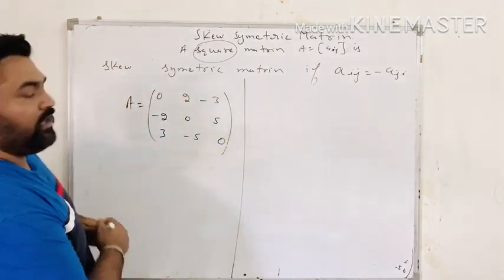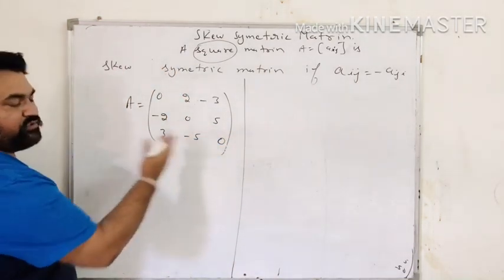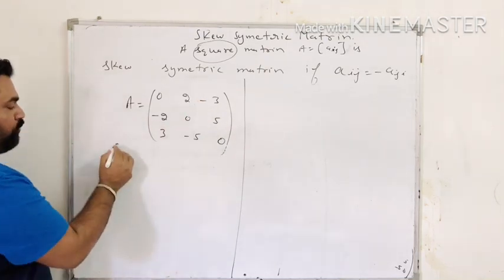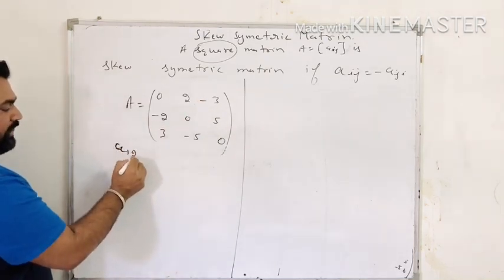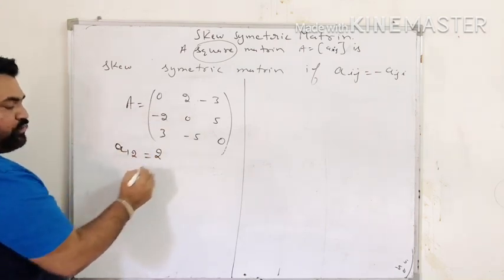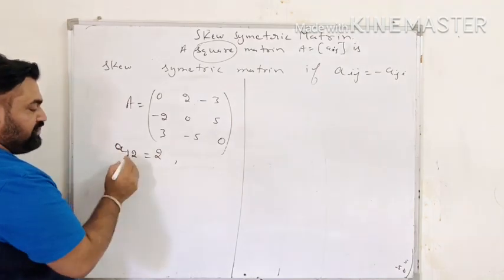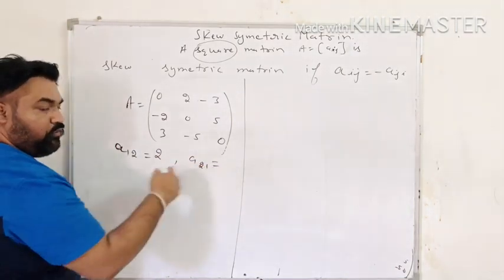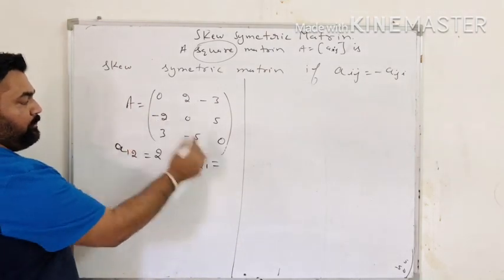For example, if a matrix is given, A equals [0, 2, -3; -2, 0, 5; 3, -5, 0]. Now what is the value of A12? A12 is 2. If we change I and J, this becomes A21. The value of A21 is minus 2.